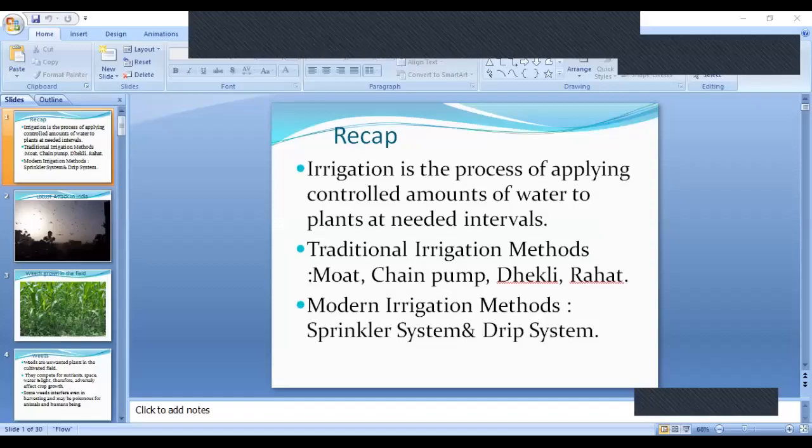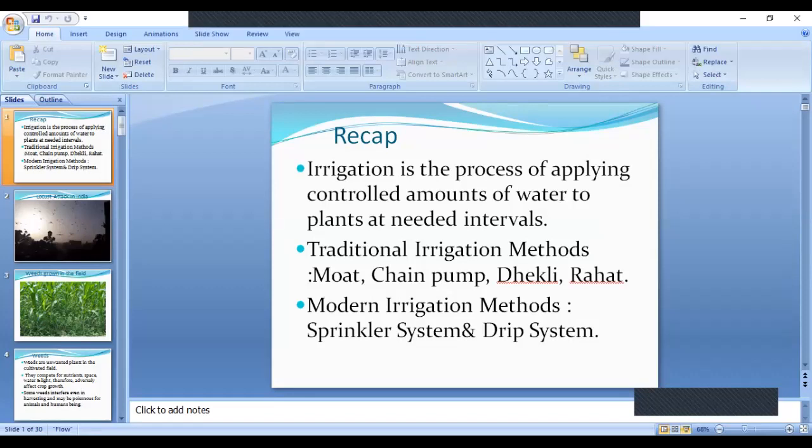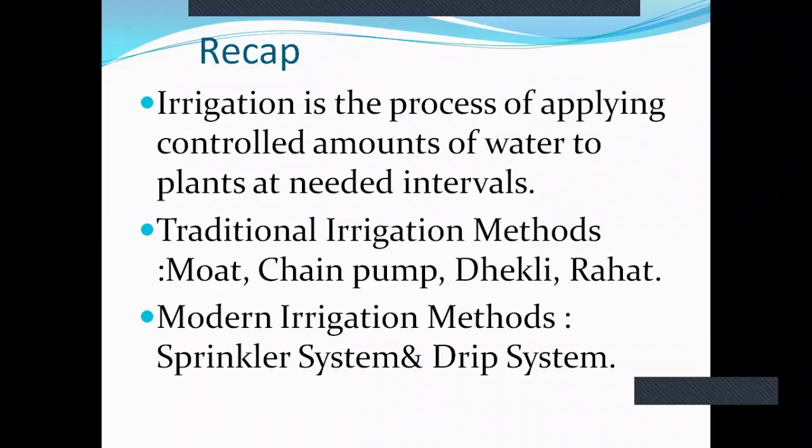Now, let's get started with today's session. I hope you remember last time I explained to you about irrigation, and I told you the different methods of irrigation. The first one was the traditional method, which the farmer used in olden days. This traditional method requires a lot of manpower as well as animals for removing the water from the reservoirs.